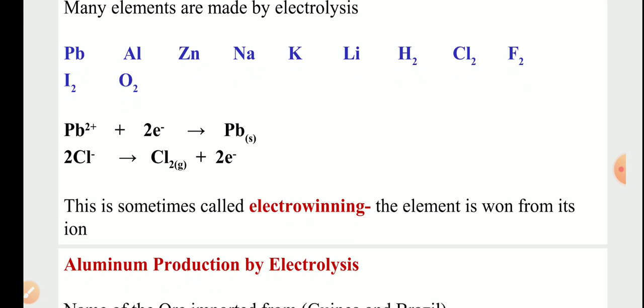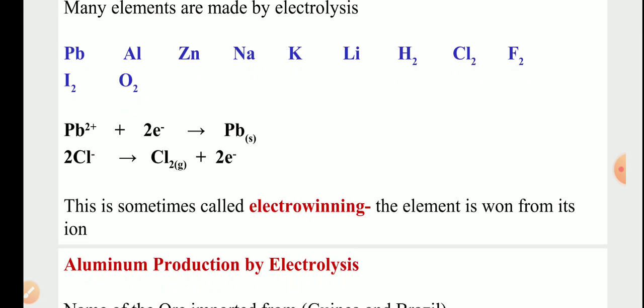If lead solution, or Pb2+, the lead cation, is present in the solution, it moves to the cathode and accepts electrons, that is, it will be reduced and converted to lead. So basically at the cathode a reduction takes place and we will get the metal.